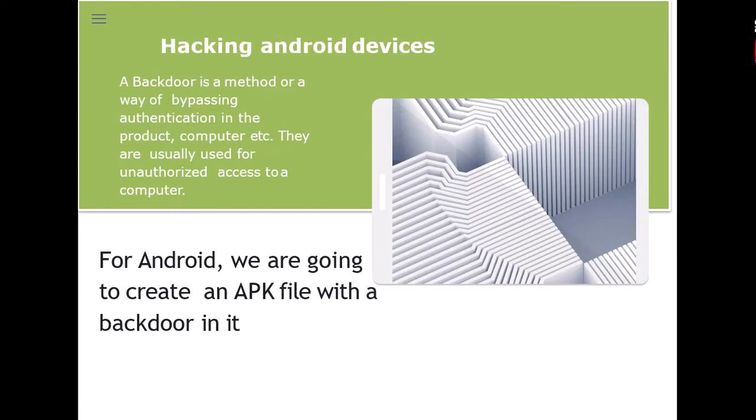So a backdoor is a method of bypassing authentication. That's why first of all we create a payload in the form of an APK, and then we exploit it, and our Android phone is completely compromised.